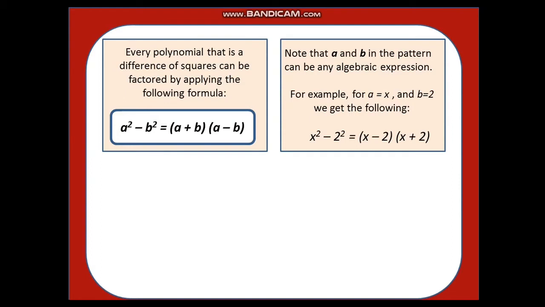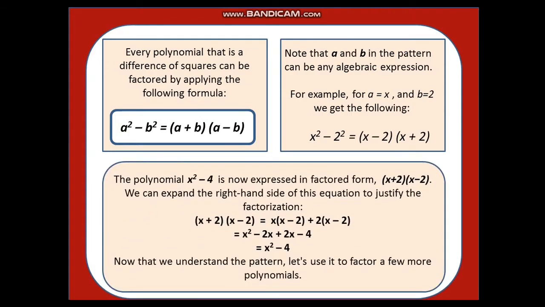And that is the factor form. The polynomial x squared minus 4 is now expressed in factor form, which is x plus 2 and x minus 2. Take note that you can interchange these two factors because multiplication is commutative.